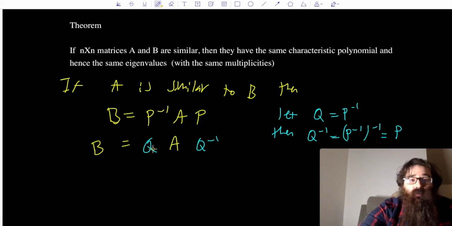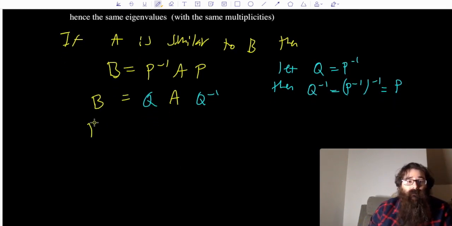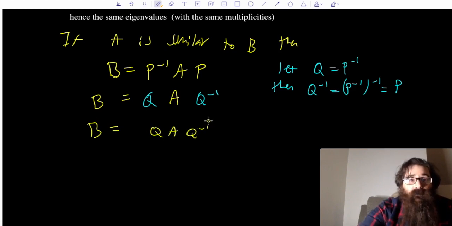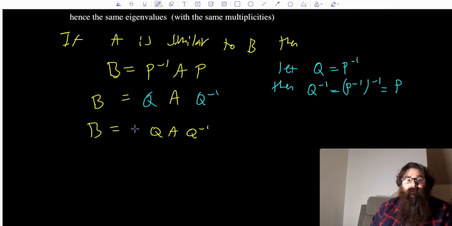Now I want to try to solve for A. Well, what can I do? To start, since Q is invertible, I'm going to multiply by Q inverse on the left. It's got to be on the left for both sides. And what's nice here is that Q inverse times Q is the identity.